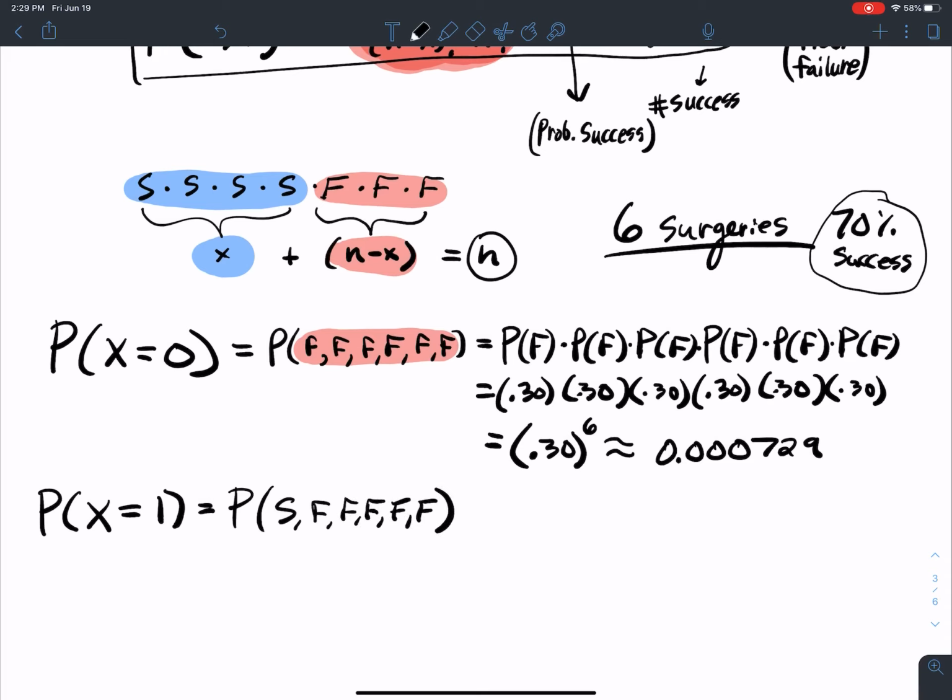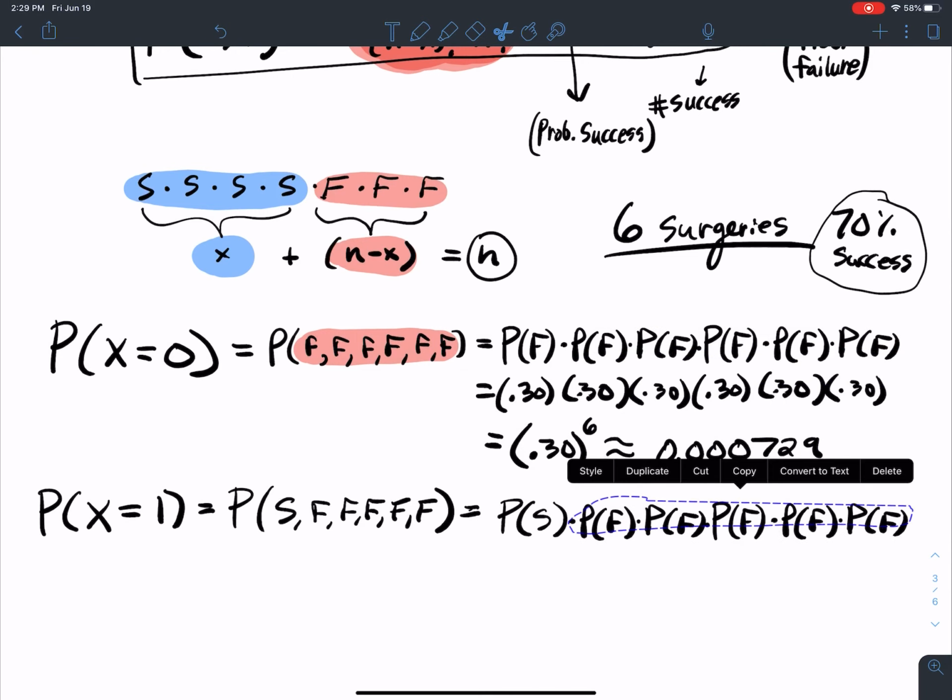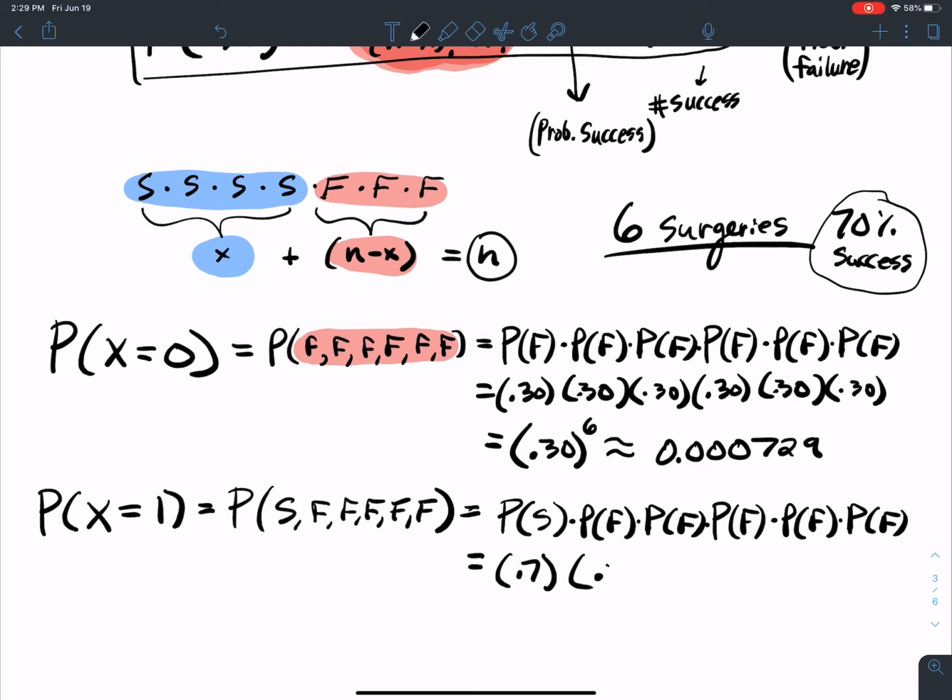So this is a probability of success, and then I have 5 failures. What's that equal to? It's 0.7, and then I have 0.3 raised to, well, how many failures? There's 1 success, which means there's 5 failures. If there's 6 total surgeries, these exponents have to add up to 6.